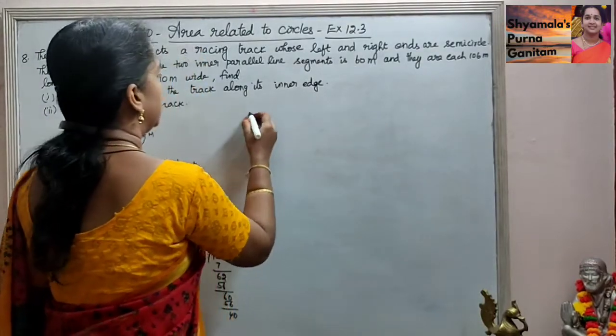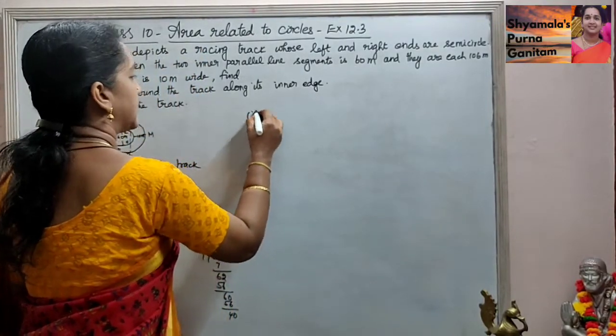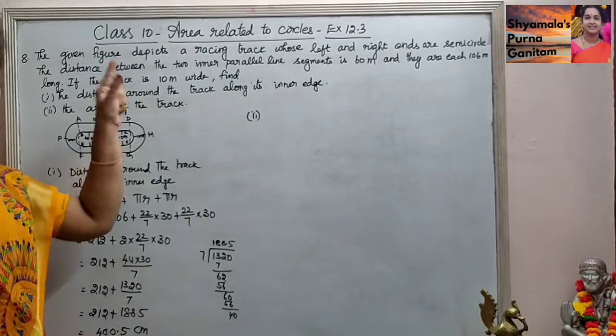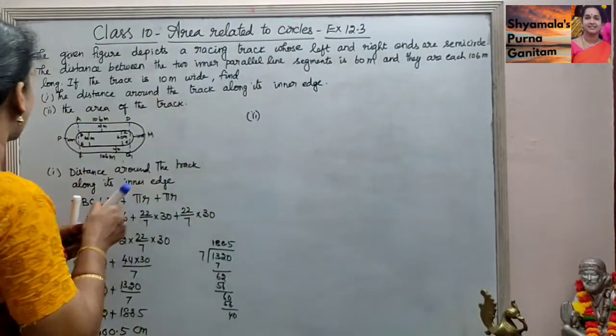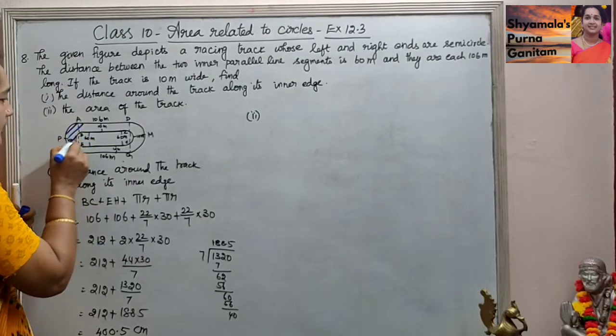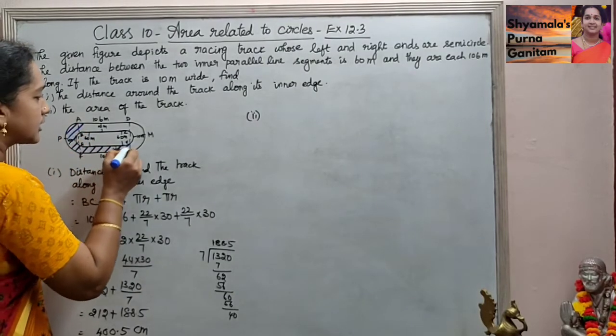Now we will do the second one, which is the area of the track. All these parts together make the area of the track.